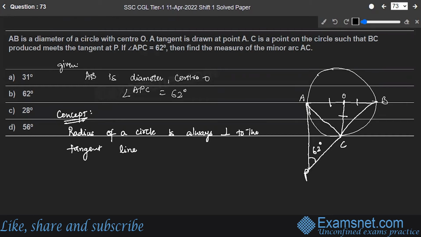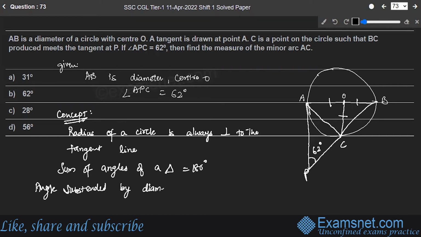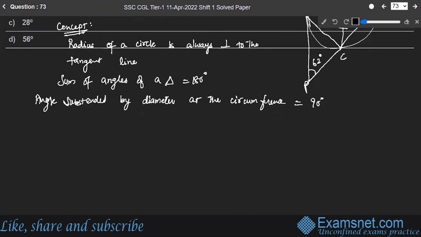Also, the sum of the angles of a triangle is equal to 180 degrees. Also, and this is important, the angle subtended by a diameter at the circumference is equal to 90 degrees. Okay, so let's move with the solution part now.